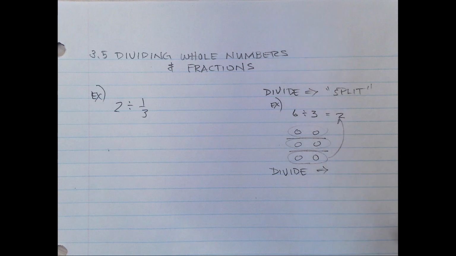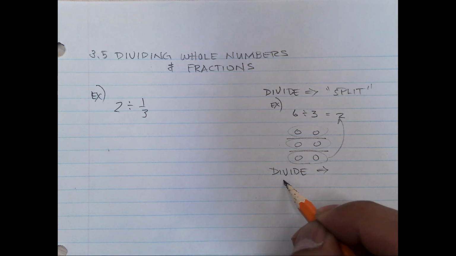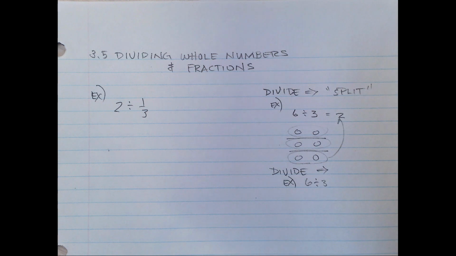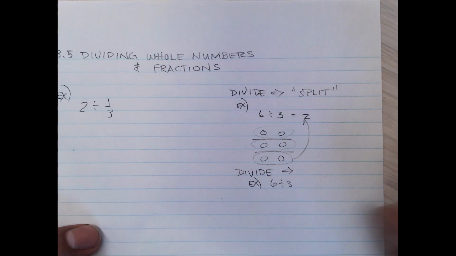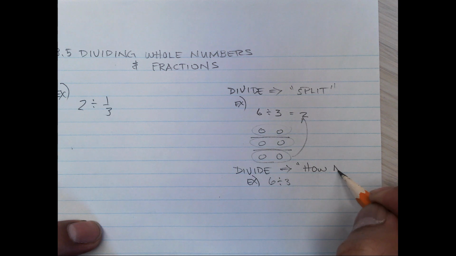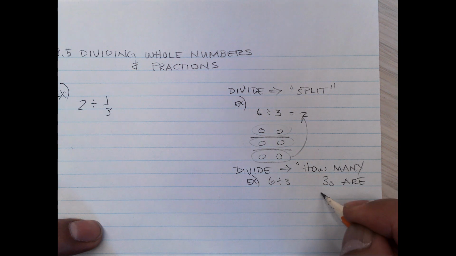In the example we gave, 6 divided by 3, you can really interpret this as a longer sentence: 6 divided by 3 can actually ask you how many 3's are in 6.